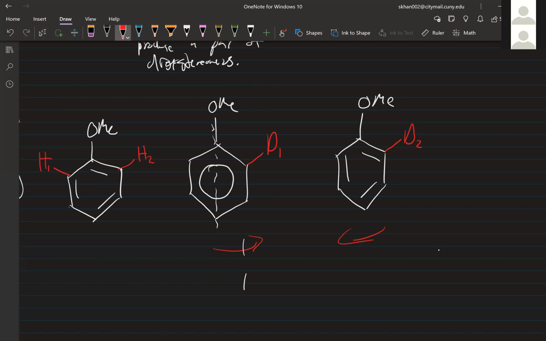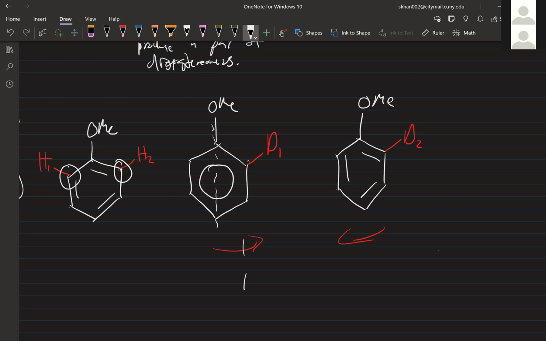Yeah. So also Shizda, right? A quick way to determine whether they're enantiomers or not is whether there are any chiral centers. And by definition, at an sp2 hybridized carbon like this, you can't have a chiral center, because remember, you need 4 distinct groups. You can only have chiral centers at sp3 hybridized carbons.